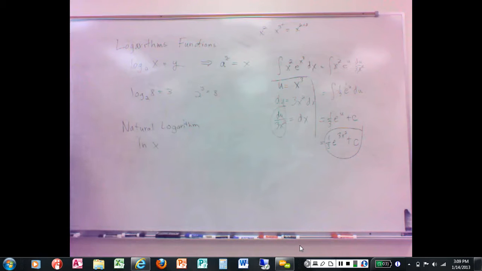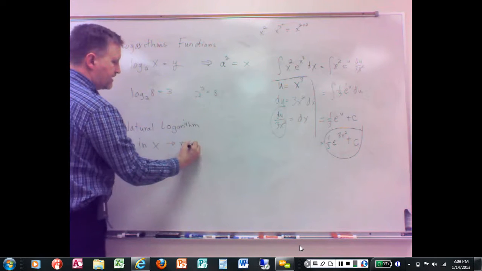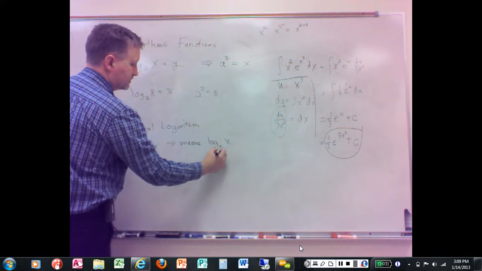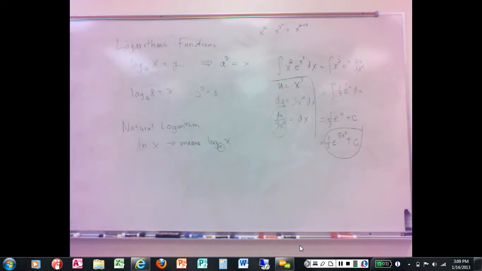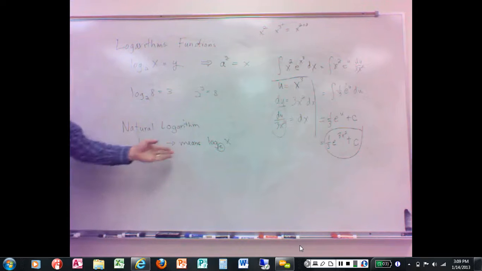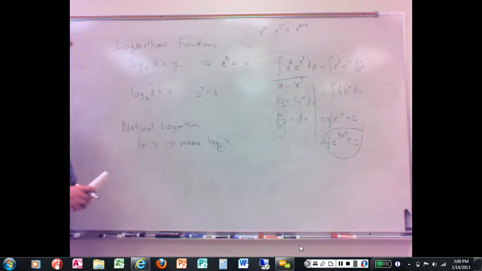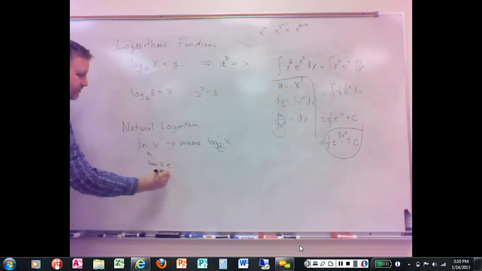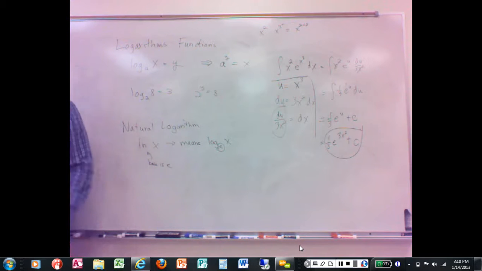If I have the natural logarithm, which is represented by ln, that just means the log base e of x. That's all you basically need to know. So it's logarithm base e. Okay?